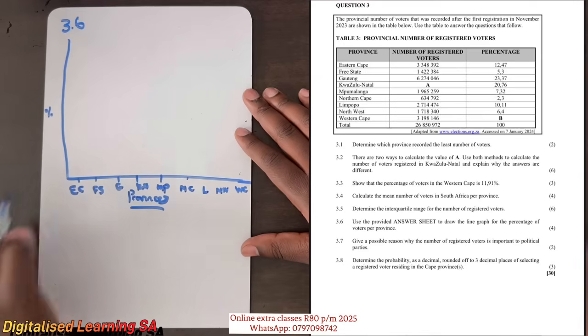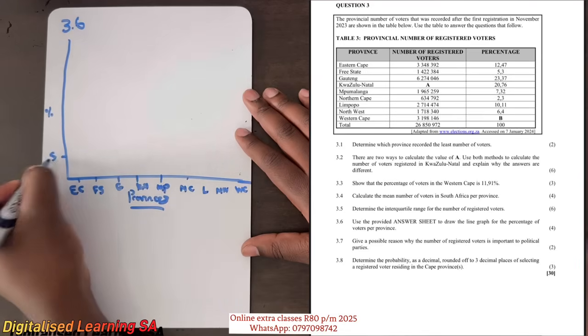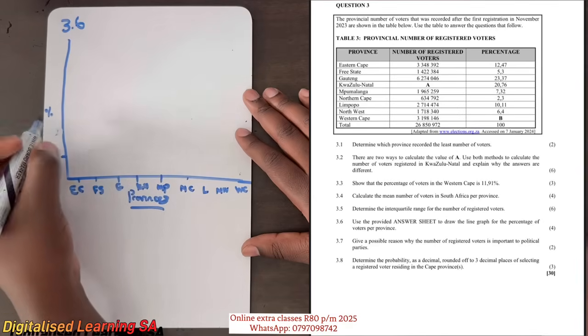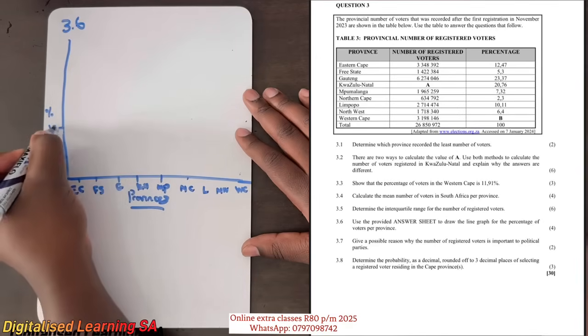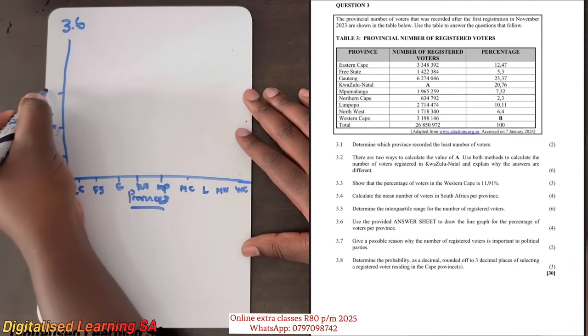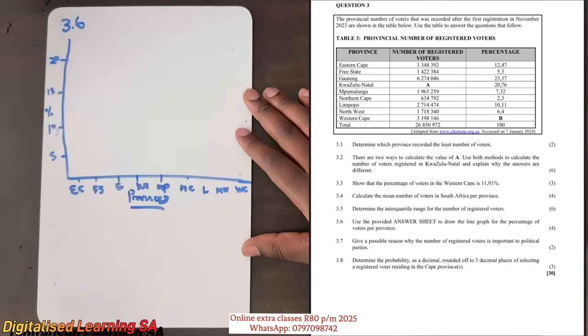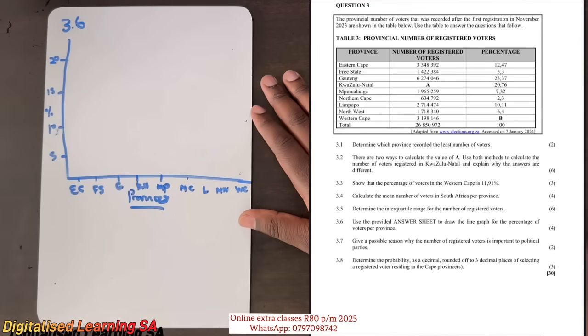Okay, so in terms of percentages, we can just come and say 5, 10, 15, 20.